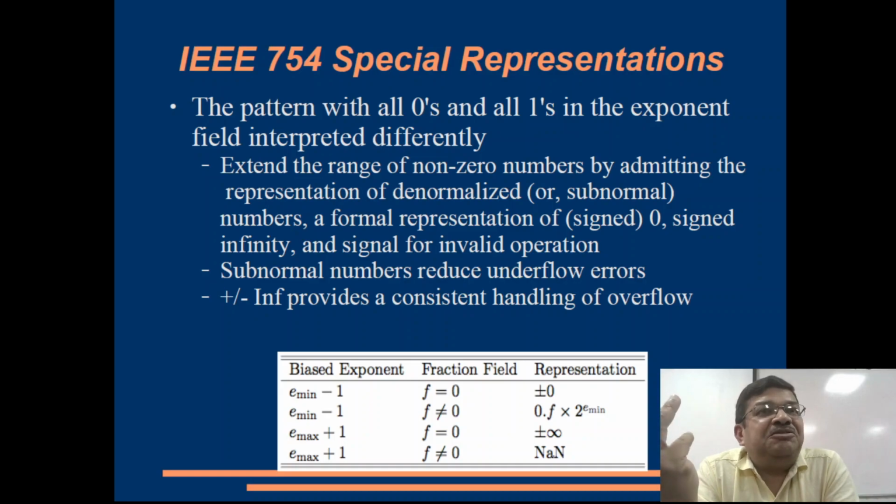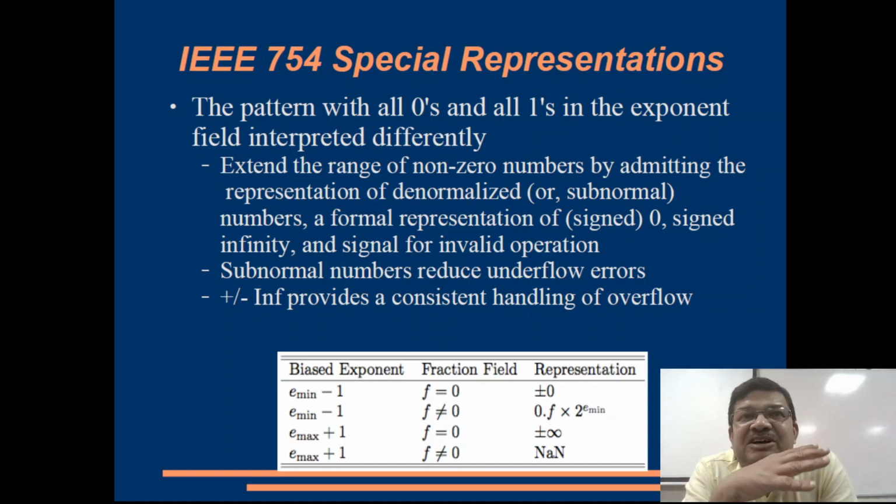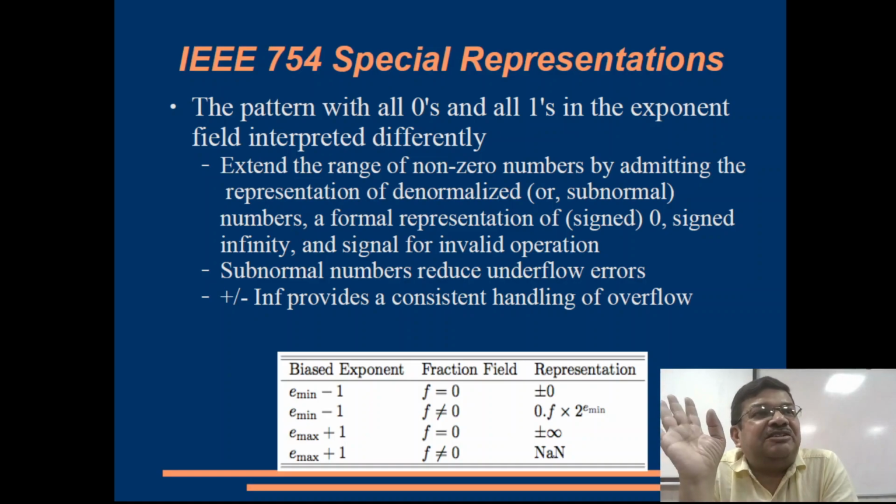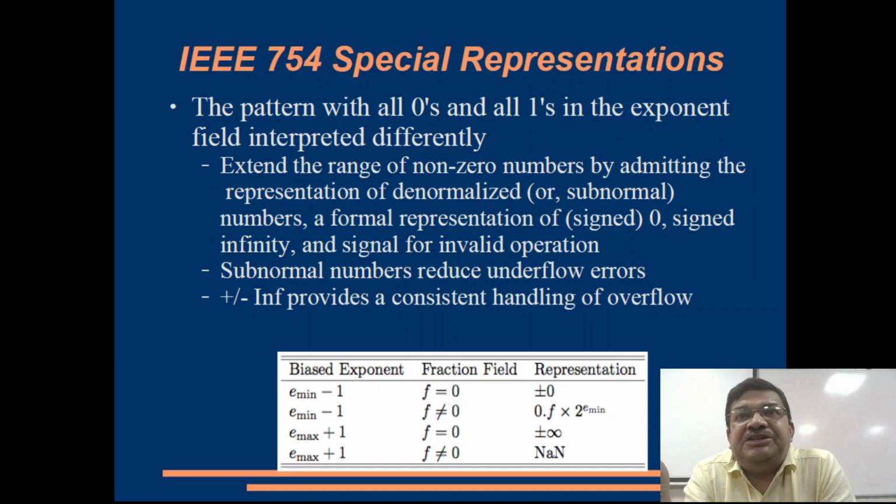So what bit pattern will it take? That is an arbitrarily assigned bit pattern. That is, all exponent bits are 0, all fractional bits are 0. So if all 8 bits of the exponent field in single precision, and all 23 bits of the fractional field, are 0, that is interpreted as 0.